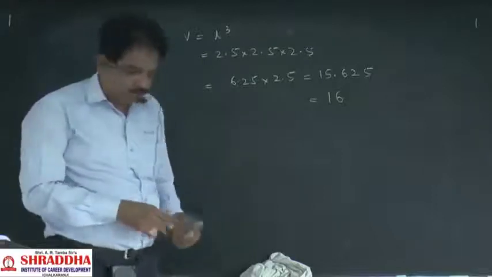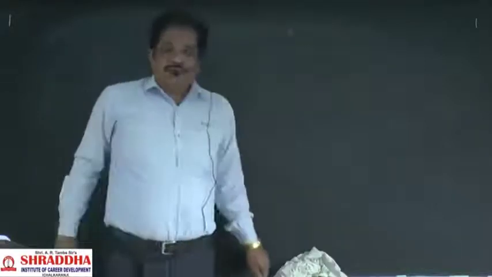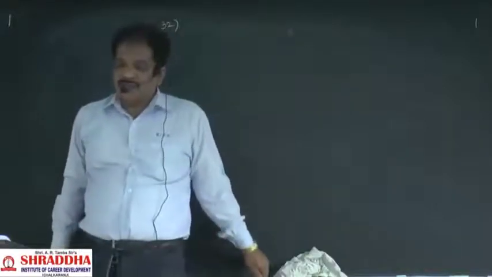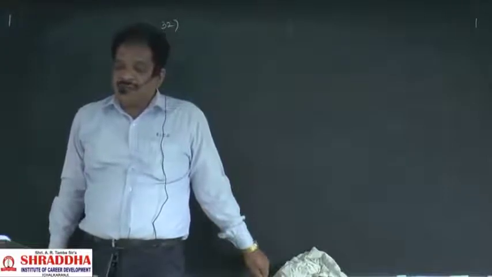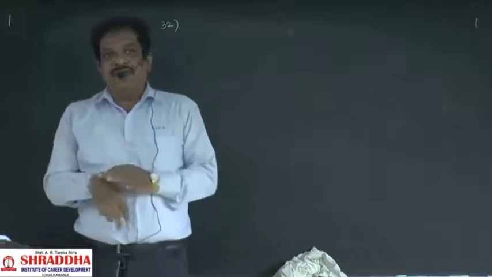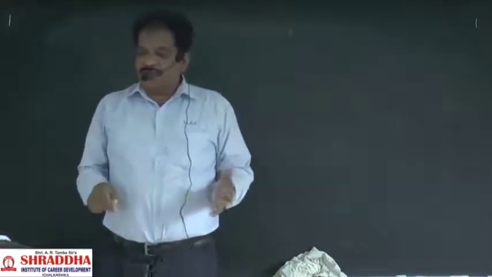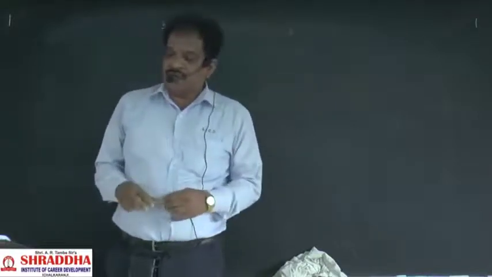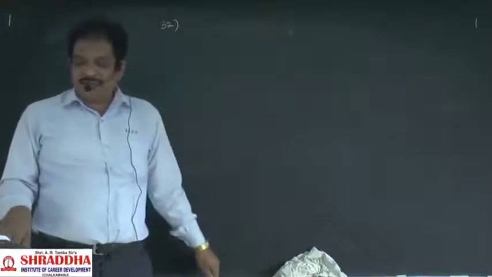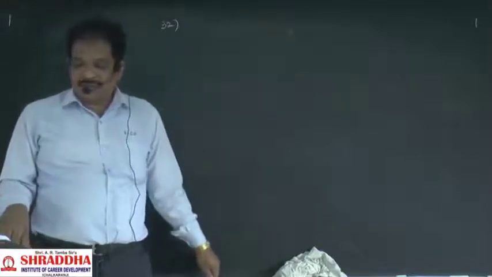Next, 32. What they are saying, see. When a force is expressed in dyne, the number of significant figures is 4. If it is expressed in Newton, the number of significant figures will be how much?